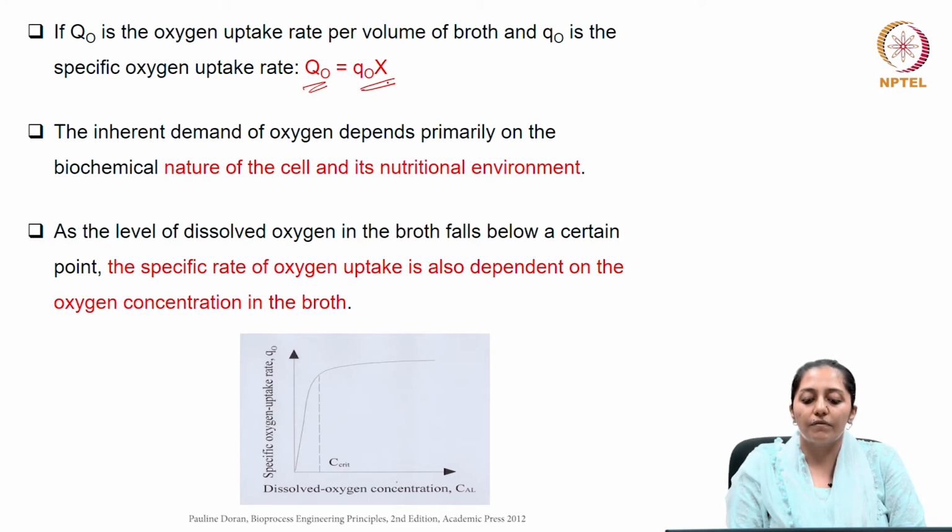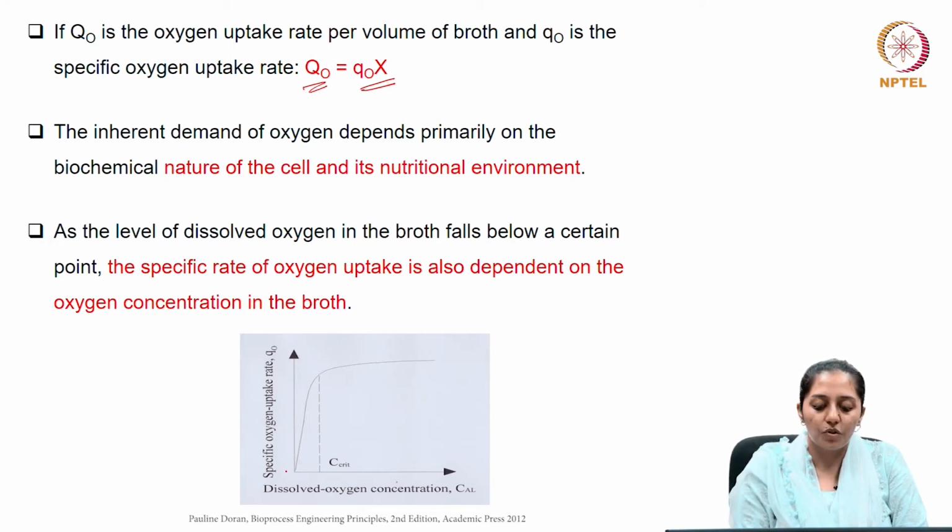Now, as the level of dissolved oxygen in the broth falls below the critical oxygen level, this inherent demand of oxygen, which we call the specific rate of oxygen uptake, starts depending on the oxygen concentration of the broth, which is mostly linear. If you see the plot shown on the slide, between specific oxygen uptake rate and oxygen concentration, it follows a saturation curve.